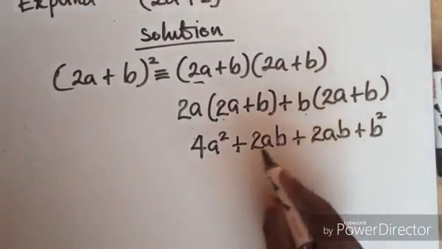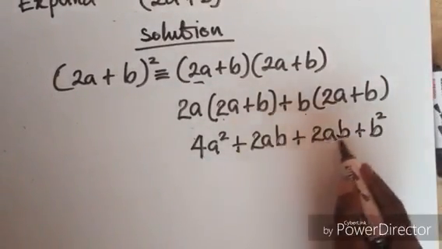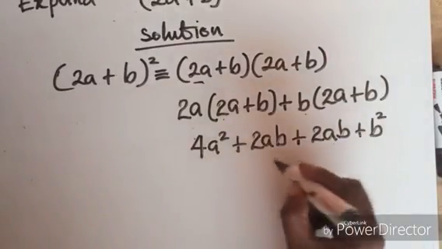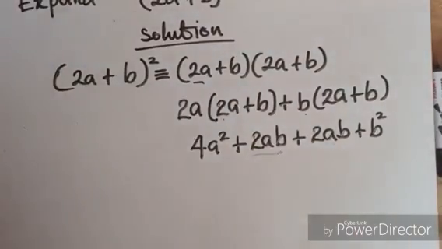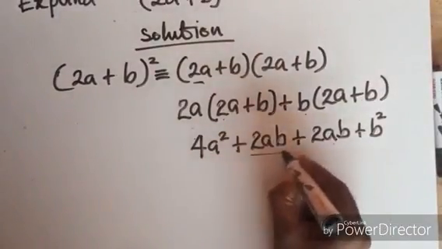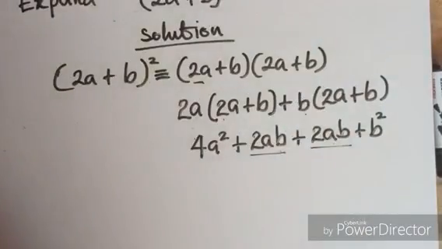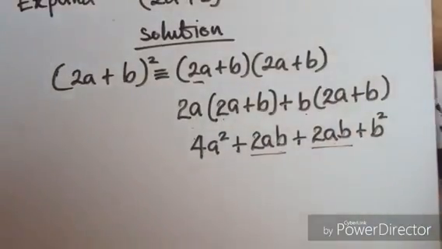So what do we see? We got 2ab. They happen to be the same. They have the same factors at that instance. So since they happen to be the same here and there, all we need to do is to make sure we put them together.